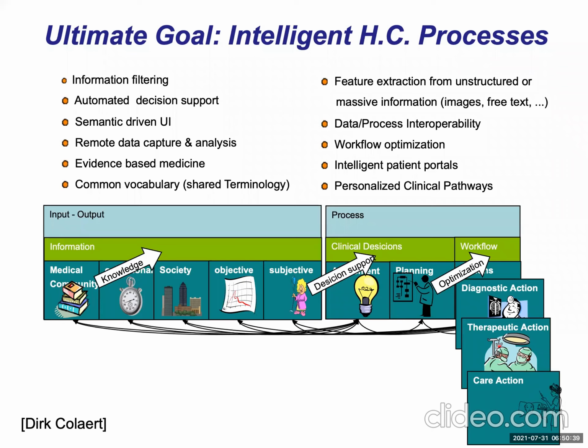Remote data capture and analysis of data using social media and so on. And then we want interoperability between data and processes. We need to connect the processes to their data. The linking is the power of AI in healthcare systems.